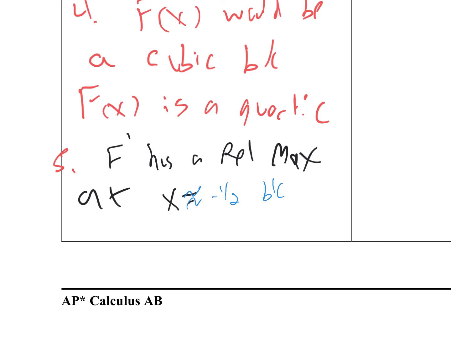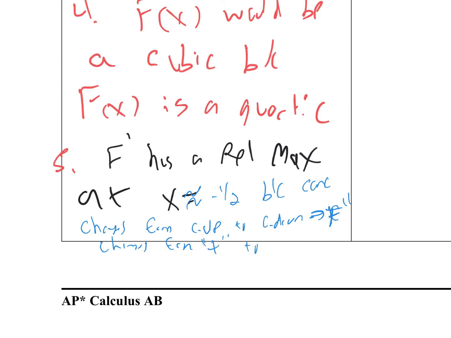Because I know for a fact that concavity changes from concave up to concave down, which also implies f prime of x changes from positive to negative.